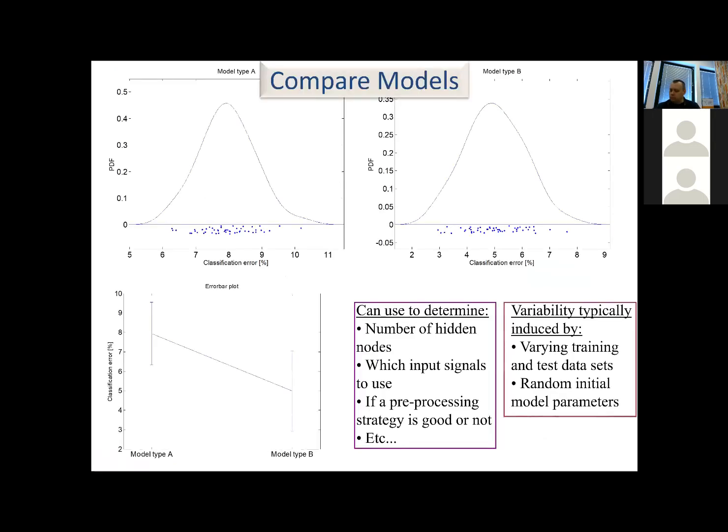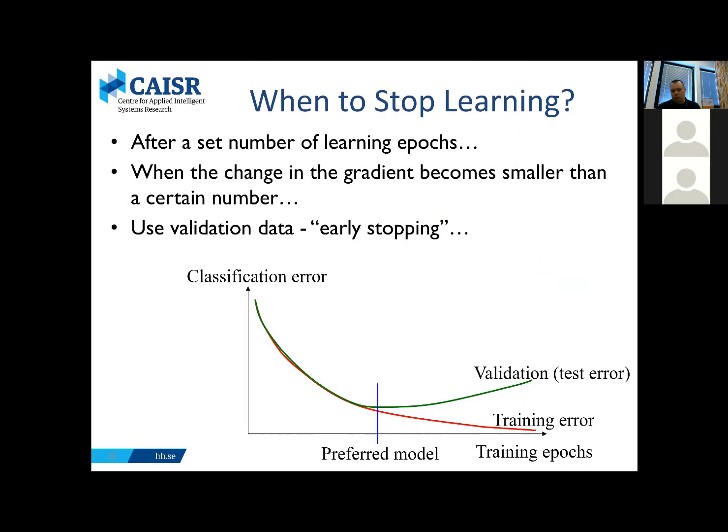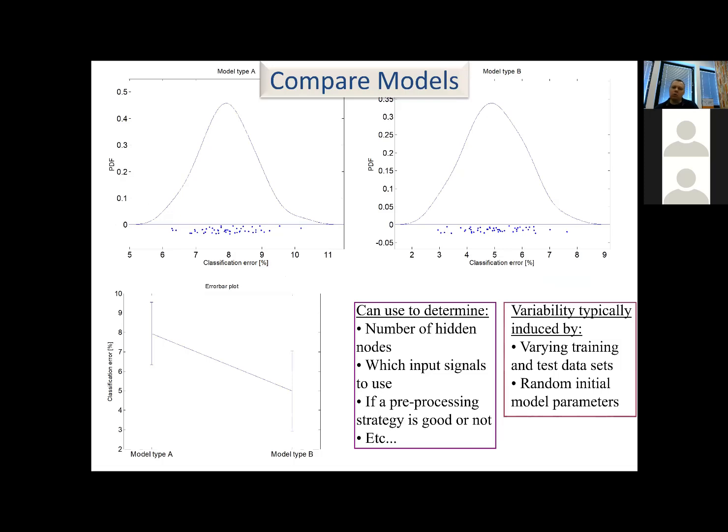And then one more thing which is related to that, which I actually haven't talked about before: if you want to know at what point the validation error is actually the lowest, you need to find a way of comparing models. And this is a little bit tricky, because what we are working with here is pretty much probabilistic or random variables.